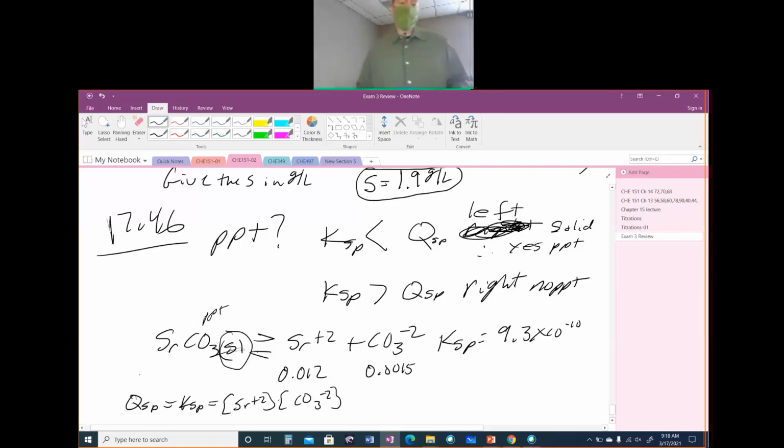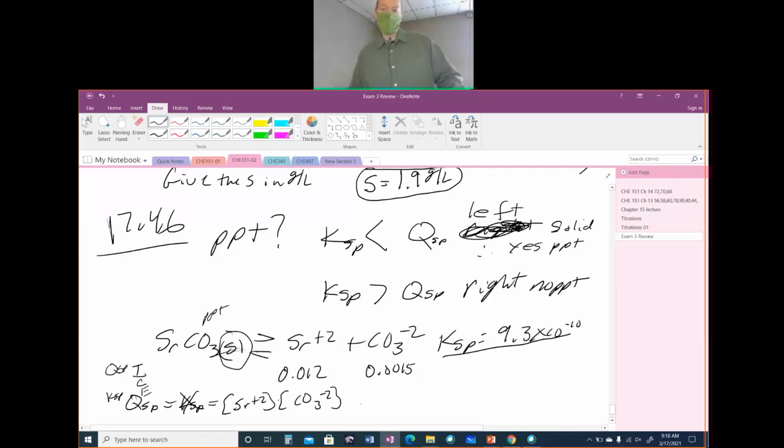The difference is if you are in the initial state, which is where we're at now, and not the equilibrium state. So if you're having numbers initially, now you have a QSP. If you are in the equilibrium state, then you have a KSP. The setup is exactly the same. So since these are initial, we're not finding the KSP because we already looked it up.